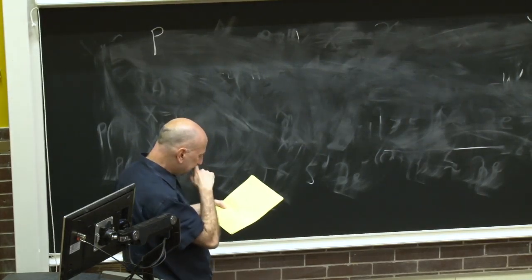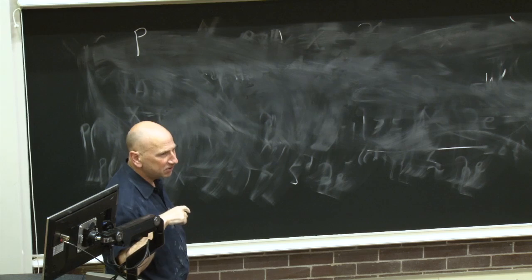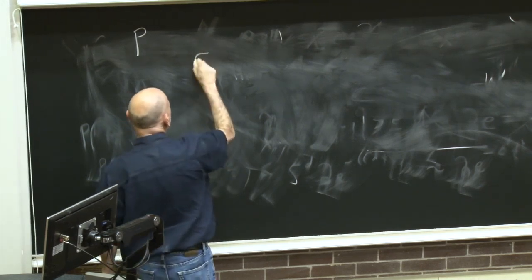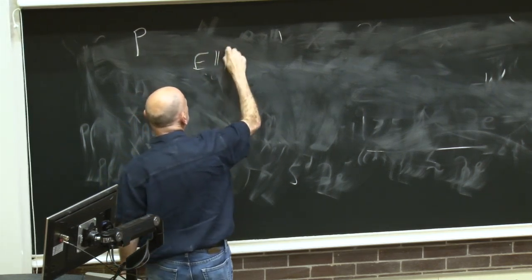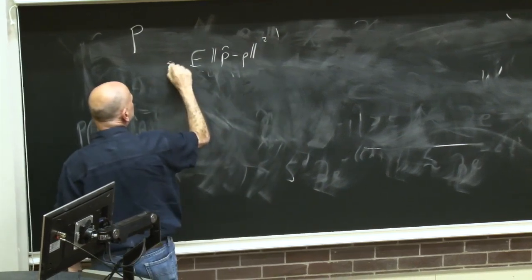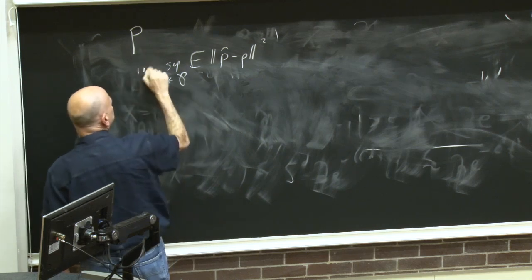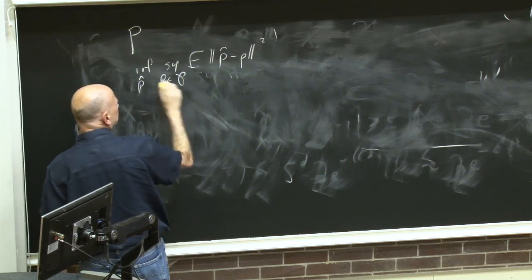So first of all, does anybody remember what the minimax rate would be? Suppose I want to look at the L2 distance, the sup over P's in the Lipschitz class, inf over all density estimates.